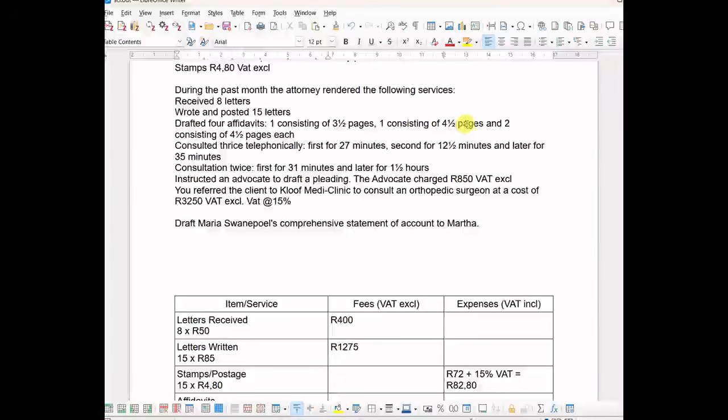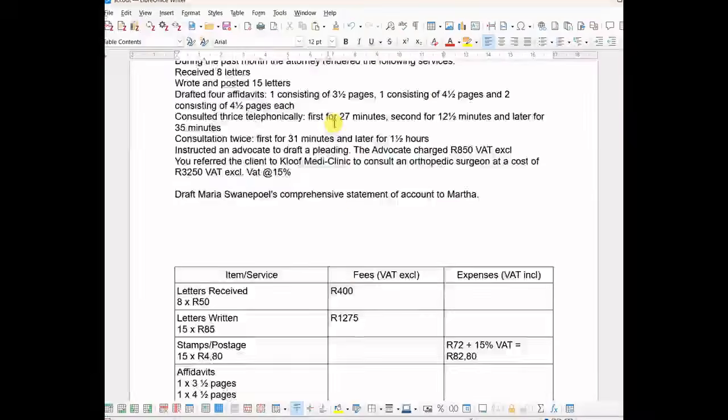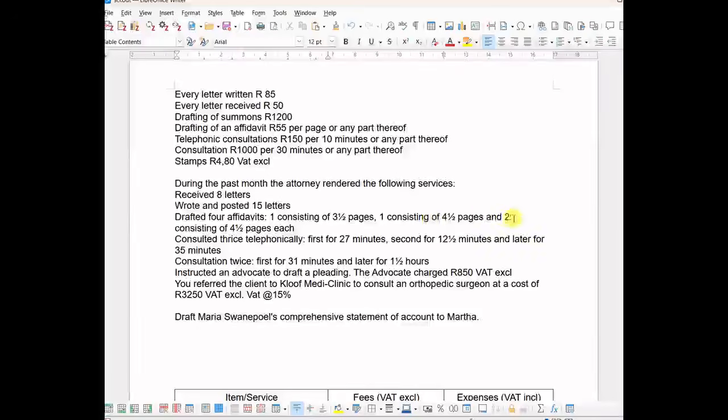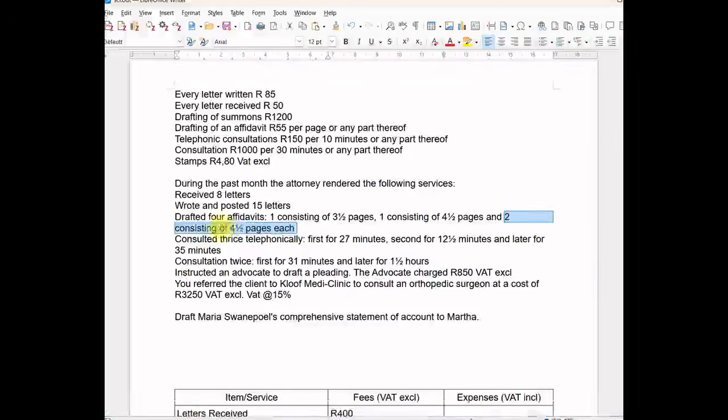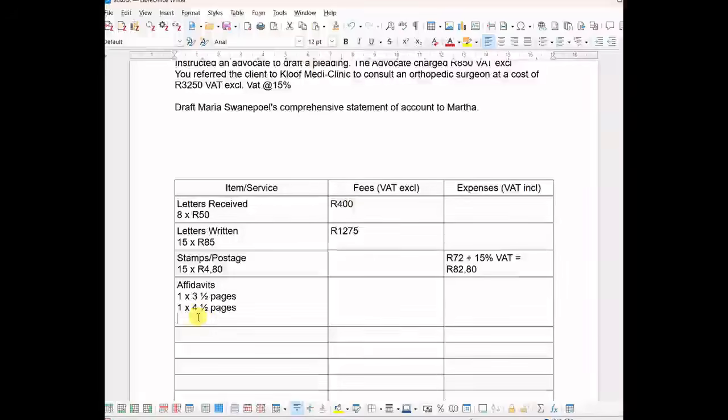We did one that was 4.5 pages. And we did another one that was 4.5 pages. Oh, there's 2 of them at 4.5 pages.